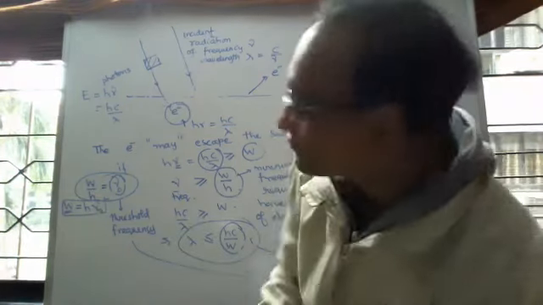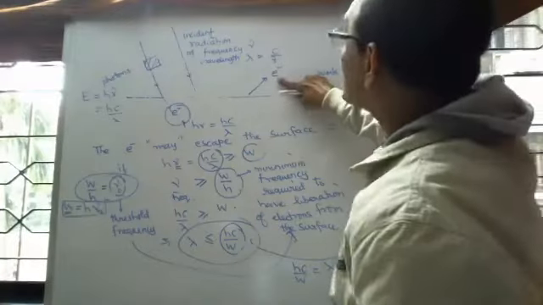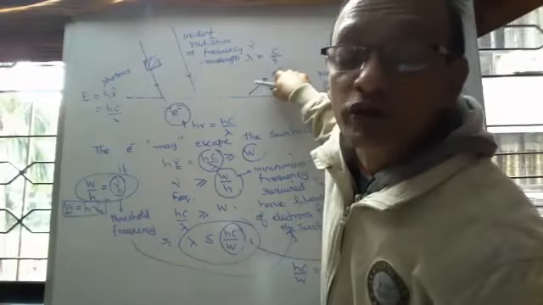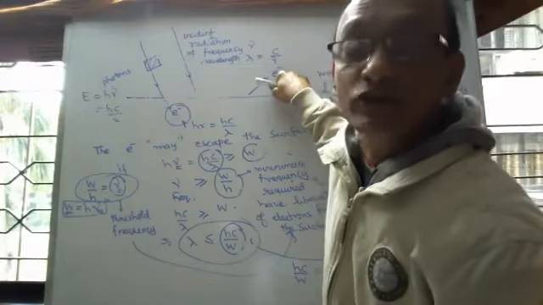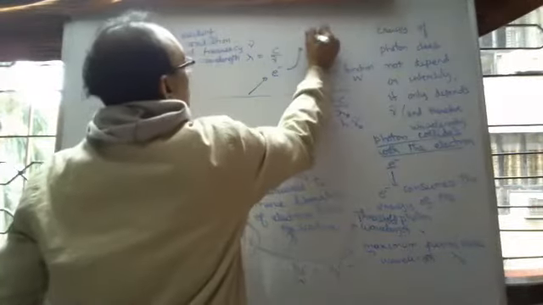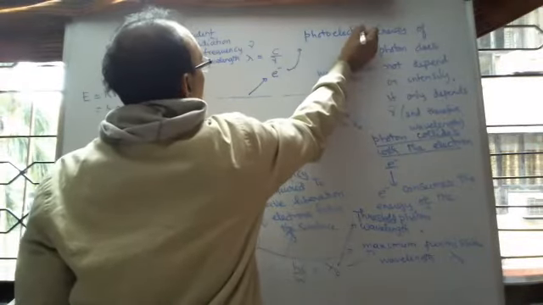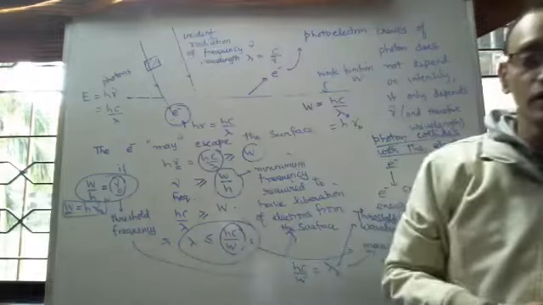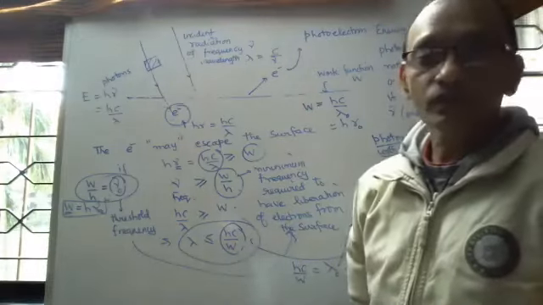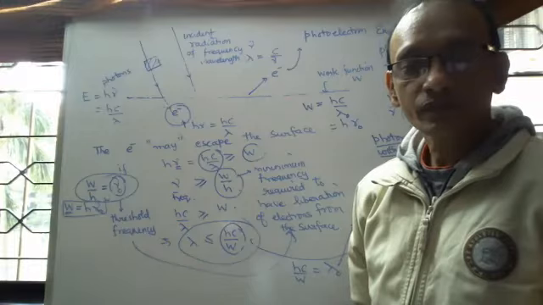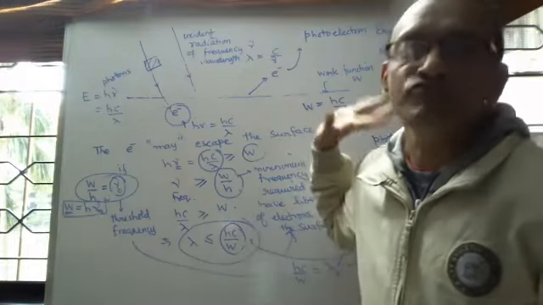But these liberated electrons, if an electron gets liberated, this electron is called a photoelectron. ये जो इलेक्ट्रॉन है इसको कहते हैं photoelectron.